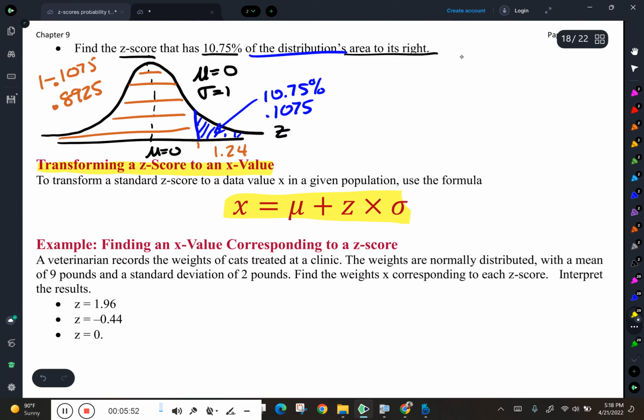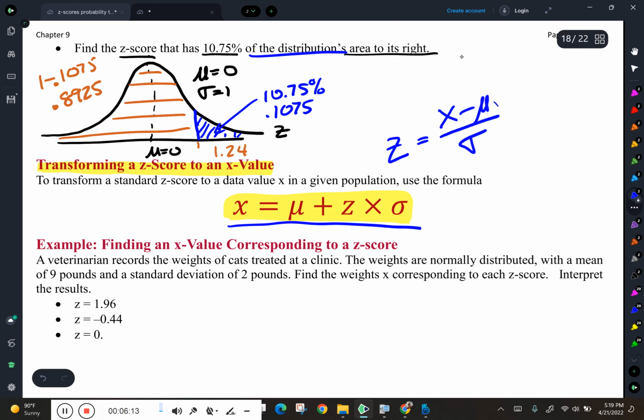And here's the formula. Now, technically, this isn't a new formula because we had the z formula from earlier. We said z was equal to x minus the mean divided by sigma. And if I wanted to, could I use some algebra and solve that for x? And if I solve that for x, I would just get this.